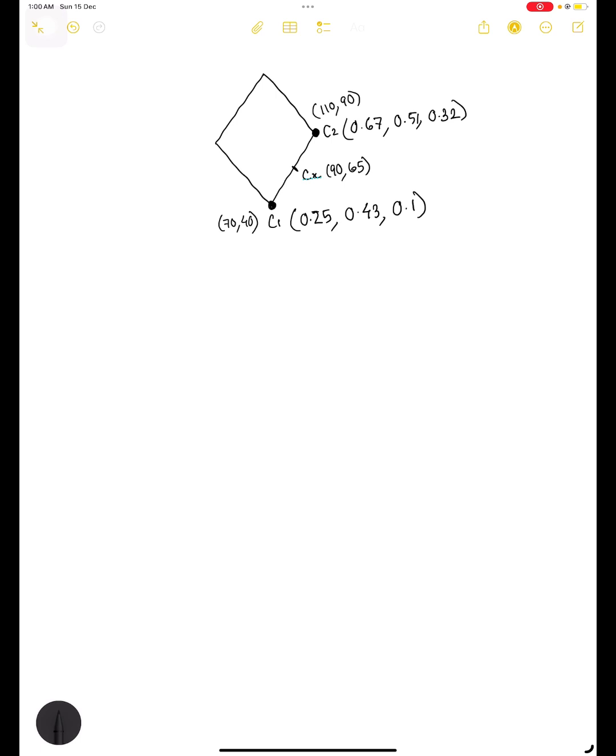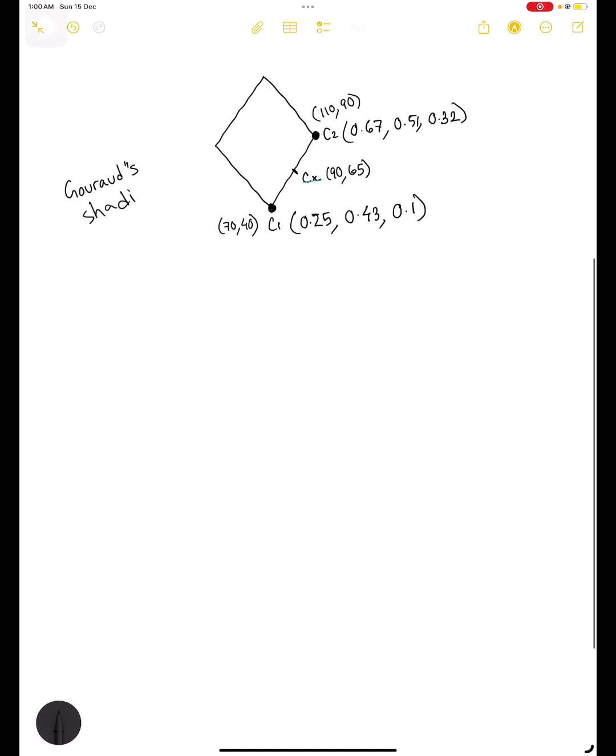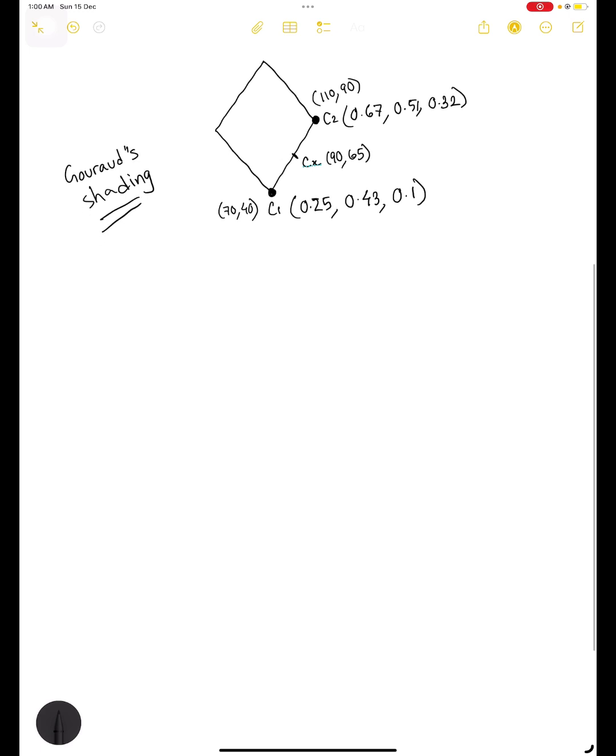Now, here we have an example of a math calculation using Gouraud shading. So, how can we do this? And what information is given to us? We have two vertices here, C1 and C2. C1's RGB components are these three values, and the coordinate of C1 is 70, 40.